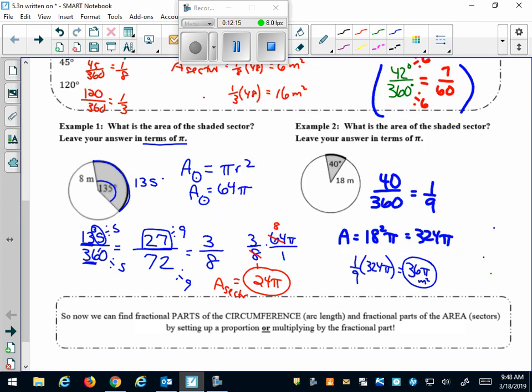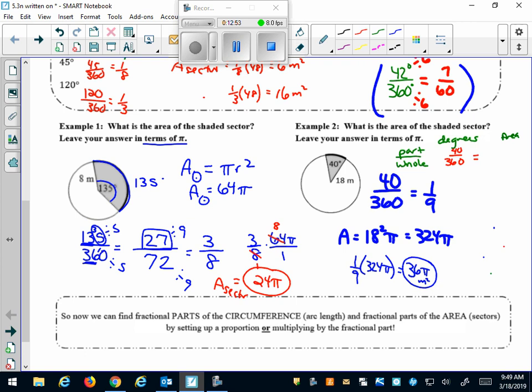Now, a couple of you are setting this up as a proportion, which is another way to do this. If you think about the degrees versus the area, and you think about part over whole, you can set up a proportion where you're doing the part degrees, which is the 40, over the whole degrees, which is 360 around a whole circle.